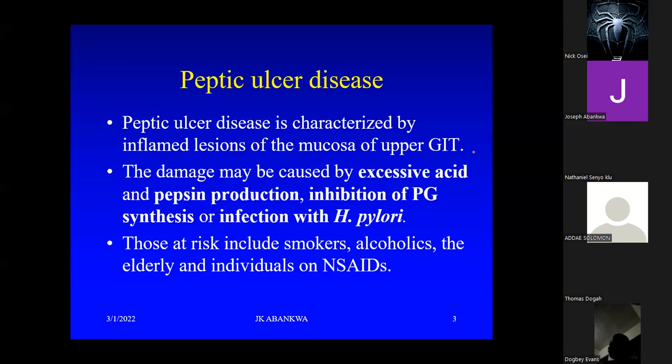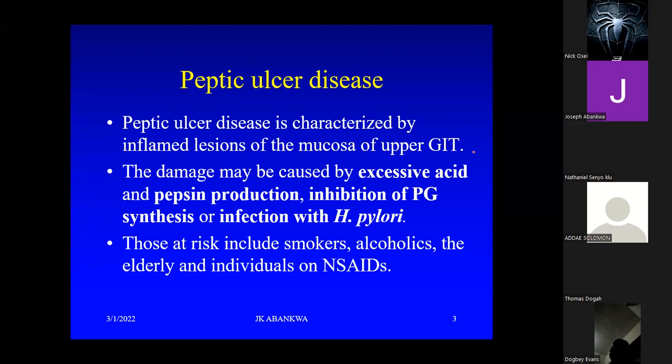So peptic ulcer is a disease characterized by inflamed lesions of the mucosa of the upper GIT. Your upper GIT is mostly acidic due to the production of gastrin, okay? And how does this damage occur? It's caused by excessive acid and pepsin production, and also when there is inhibition of prostaglandin synthesis.